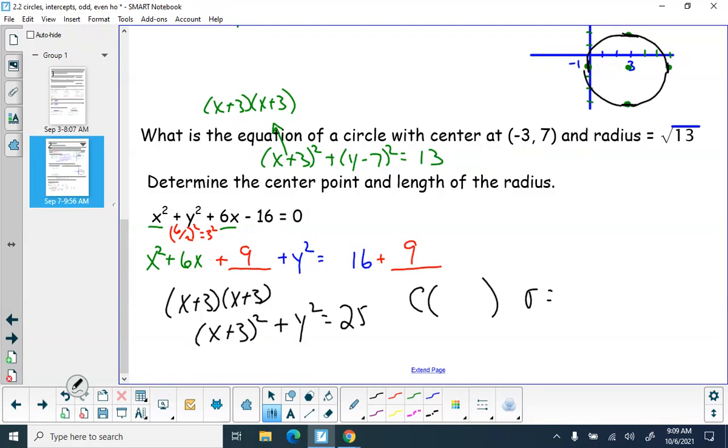Center point. What's your center point? What's your radius?